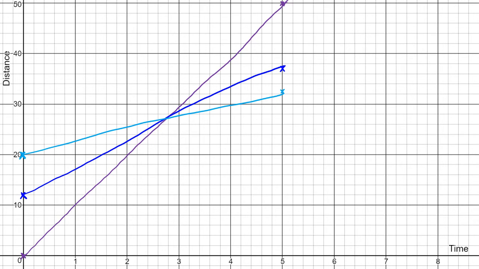Also, guys, you shouldn't really stop your lines at 5 hours. We're assuming they're going to keep on running, so we just draw it and extend it out, to say that it's going to keep on going. Okay, so that's your graph, and now we go to the next part of the question.